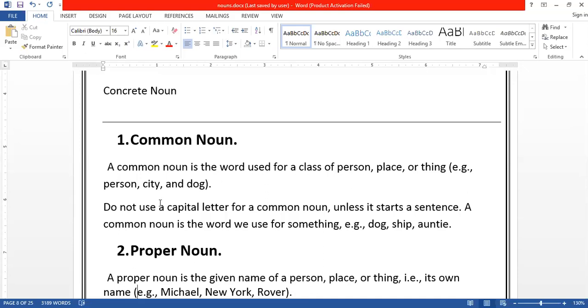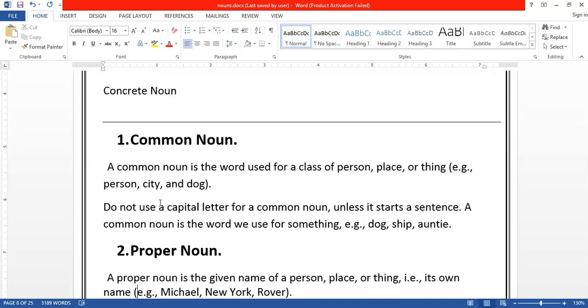You might have different chairs. I'm not talking about a specific chair, but I'm talking generally about chairs. If I say boys, boys can be many. So I'm not talking specifically about a particular boy, but I'm talking generally about different types of boys.